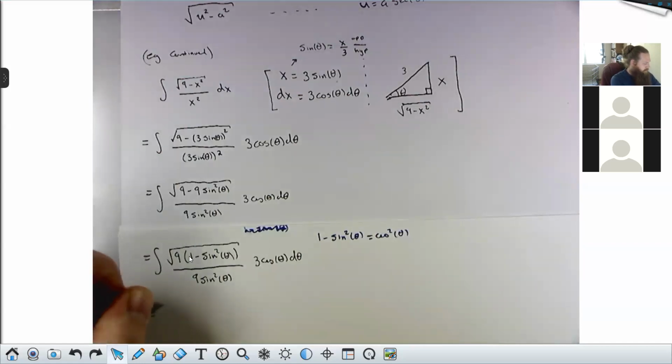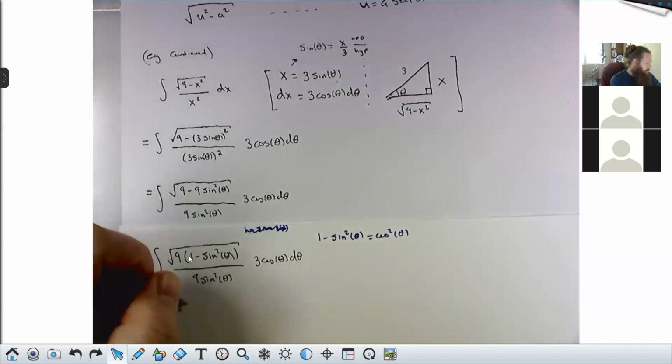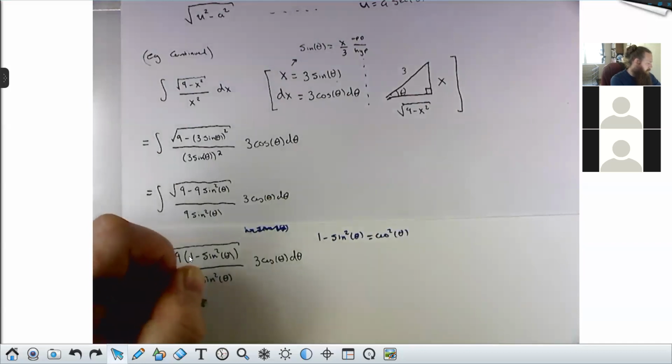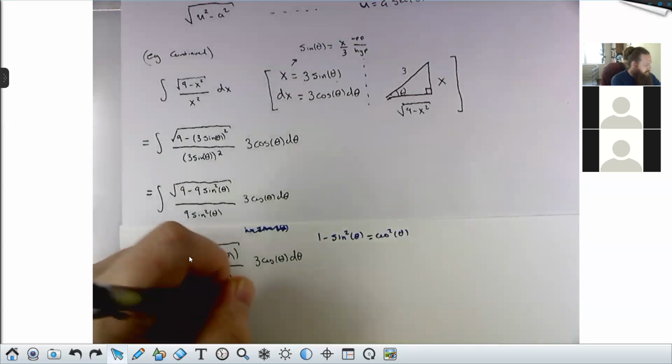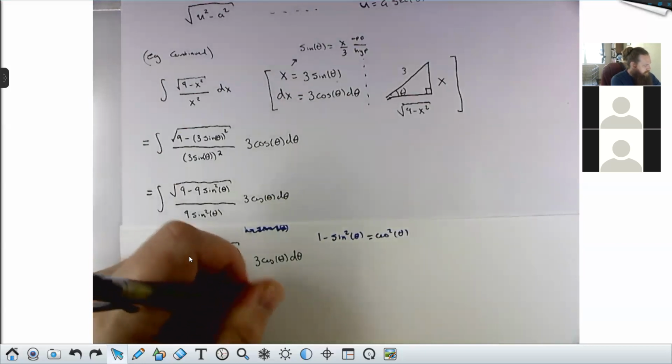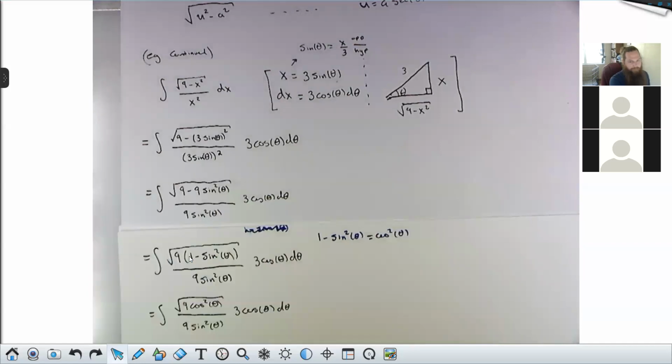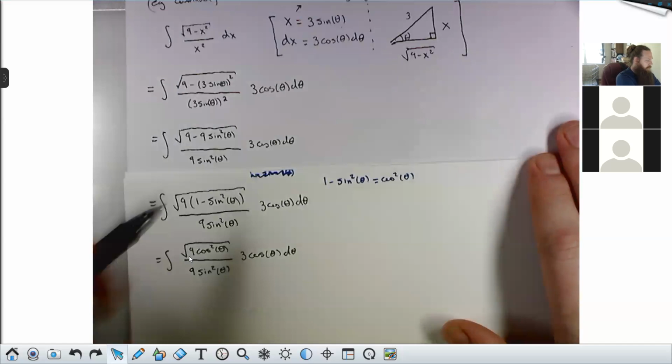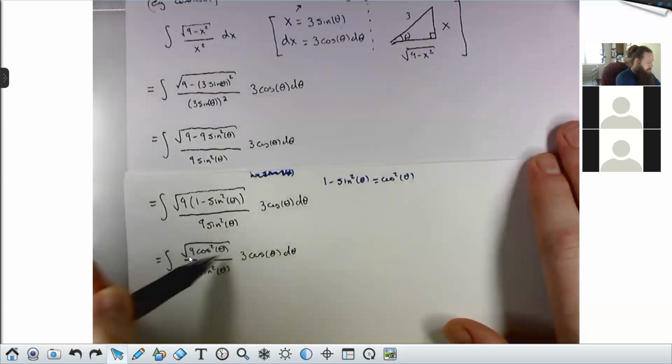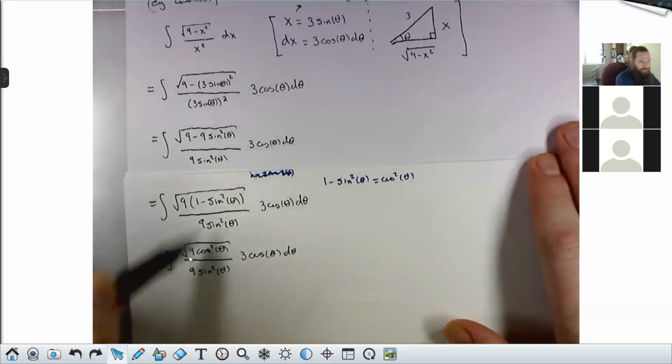So this is equal to the integral of square root 9 cos squared theta over 9 sine squared theta all times 3 cos theta d theta. And the magic is that this radical no longer has any subtraction or addition in it. It's just multiplication.